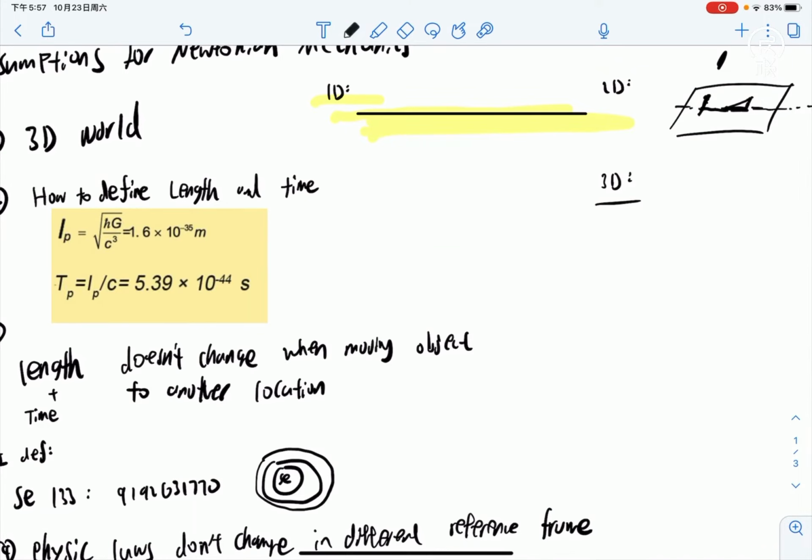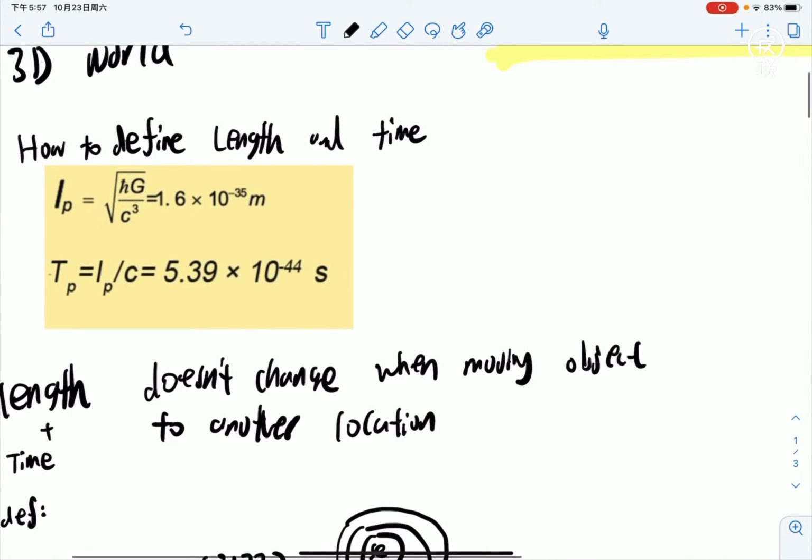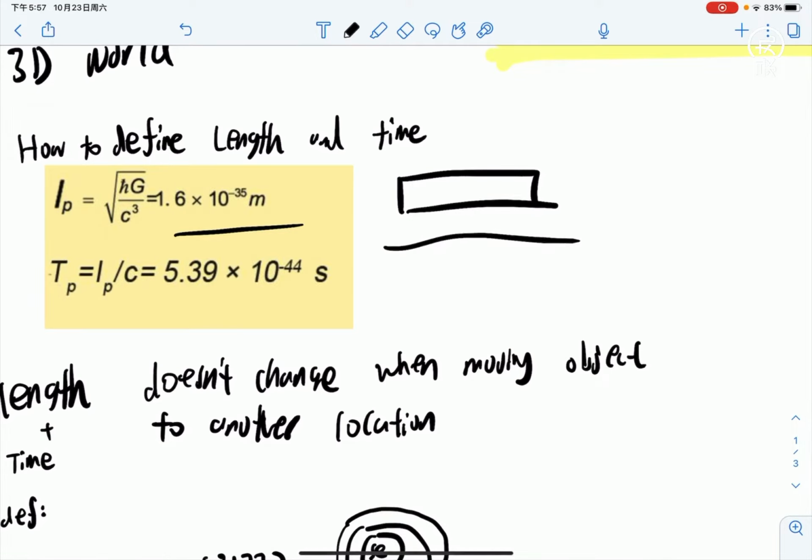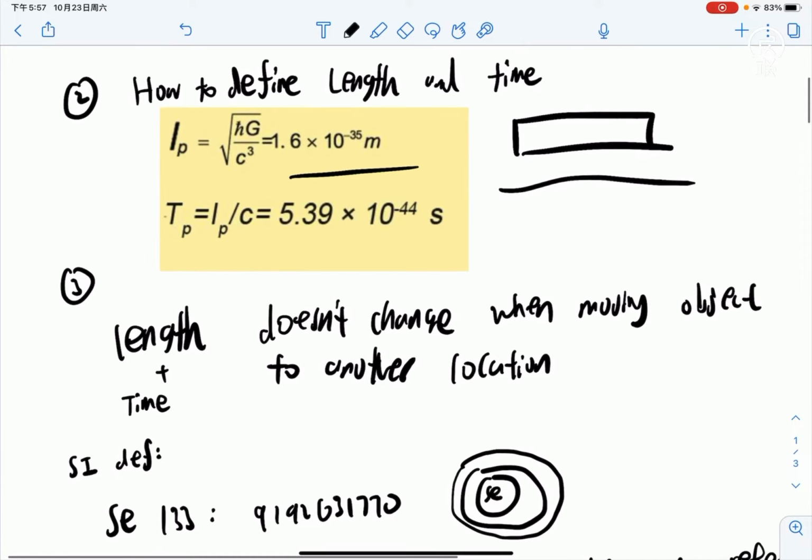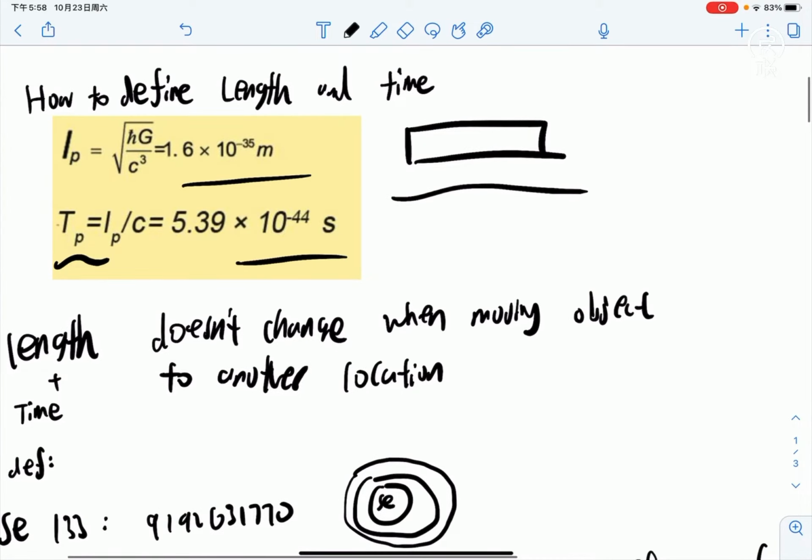But in this world, we just define the length as the length of a stick. And we also can define time by the interval of Planck time, which is the shortest time. In the quantum mechanics world, everything is discrete.